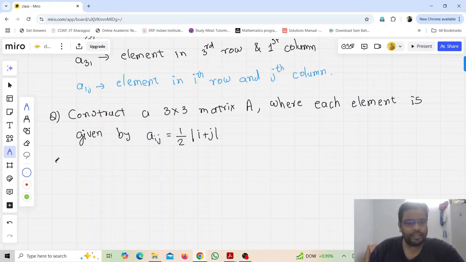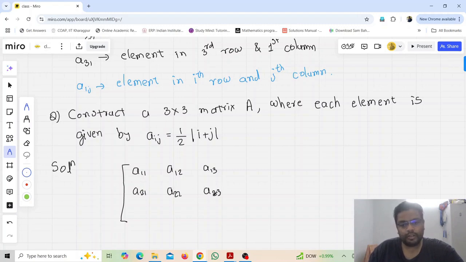So simple. Let's see. Now as we have to make a 3 by 3 matrix, let's make a general 3 by 3 matrix first. A11, A12, A13, A21, A22, A23, A31, A32, A33.